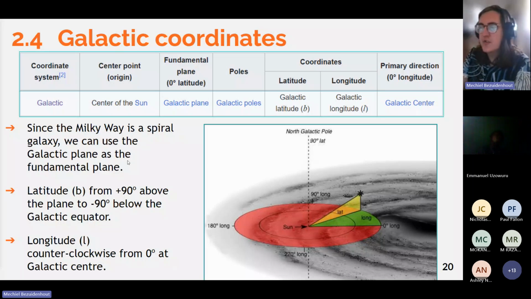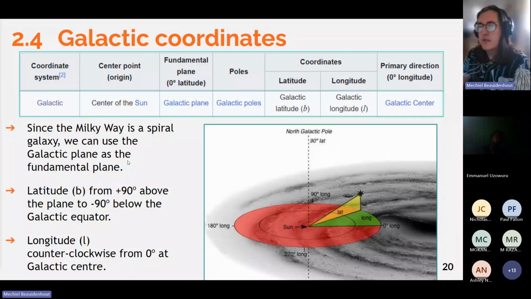We define the galactic latitude, B, as 0 degrees within the plane of the galactic equator, going up above the plane to plus 90 degrees, and below the plane down to the galactic South Pole at negative 90 degrees.